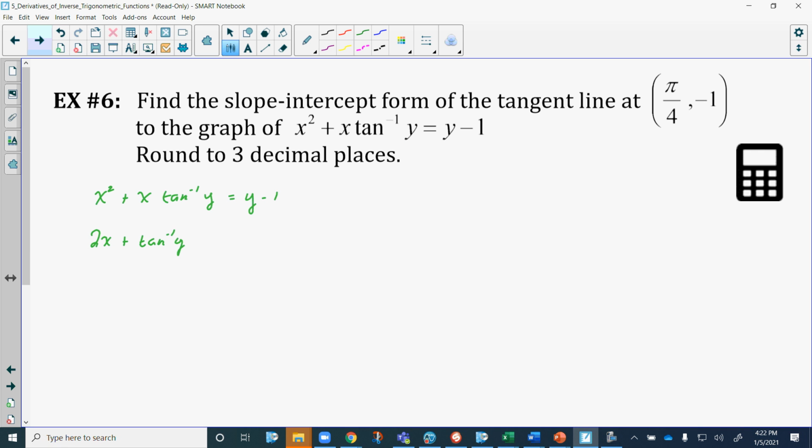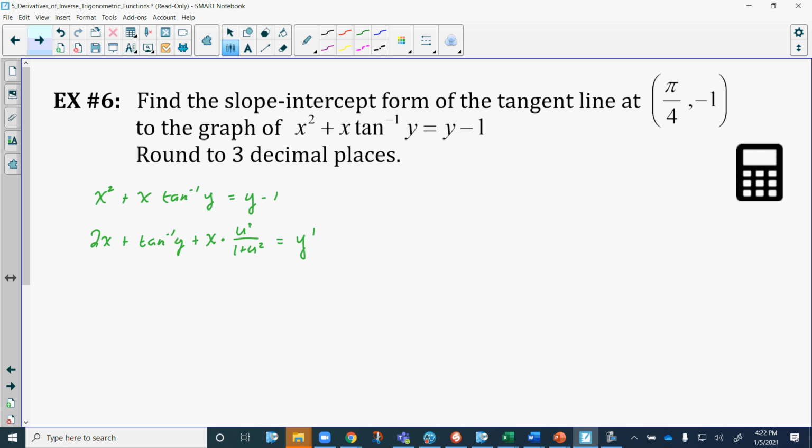And now the next part I'm going to say plus x times the derivative of tangent inverse. In this case, it is going to be our u prime over 1 plus u squared to be equal to, what do we have? Y prime, and the constant on the right is just going to become 0.